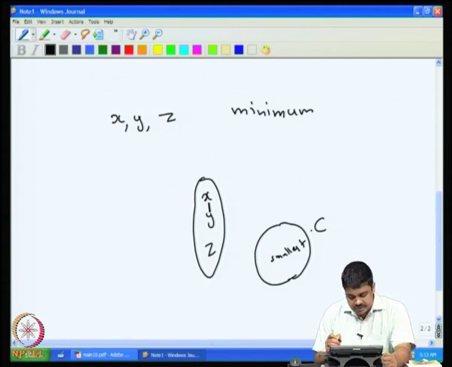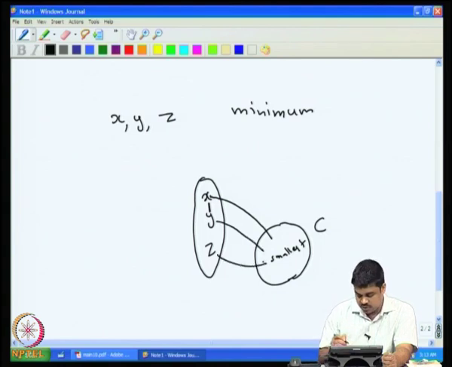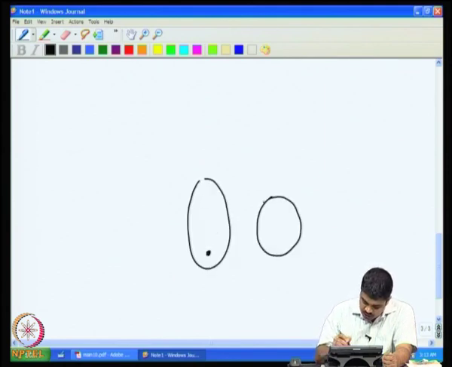Now an interesting property of the minimum separator, or minimal separator, whichever, is this. If you look at this vertex, you will have a connection to this component. We explained this in the last class. Suppose that connection is not there. For instance, if you had a so-called minimum separator here, and here is one vertex which is not connected to this component, then there is no connection between this vertex and this component.